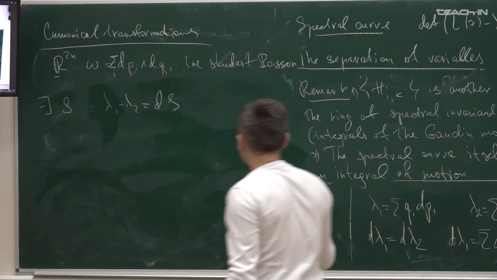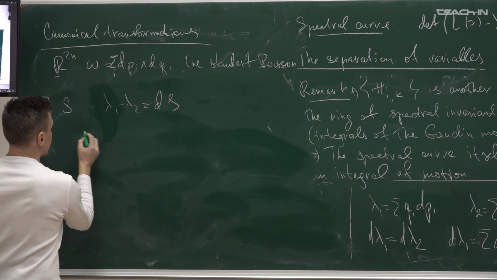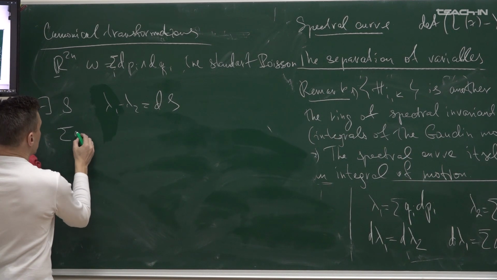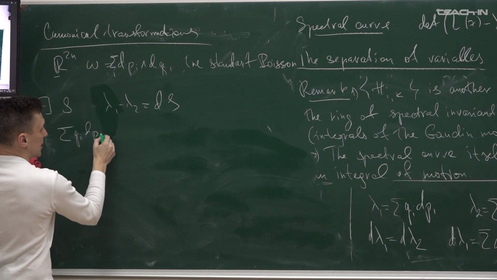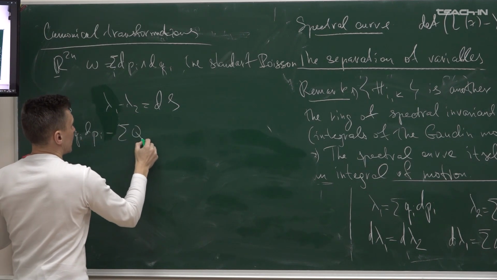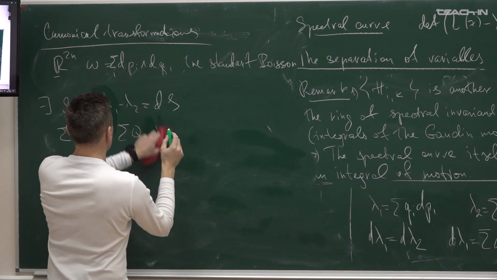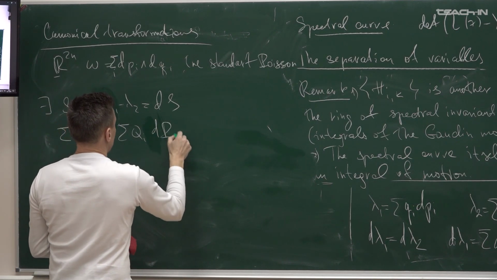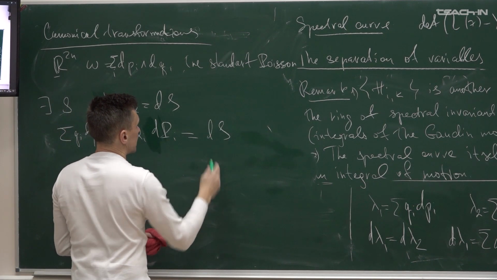And what it gives is the following: the sum of p_i dq_i minus the sum of Q_i dP_i is just dS.